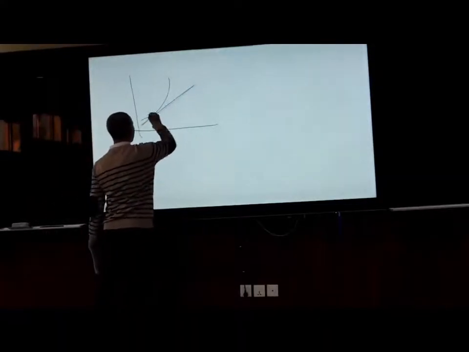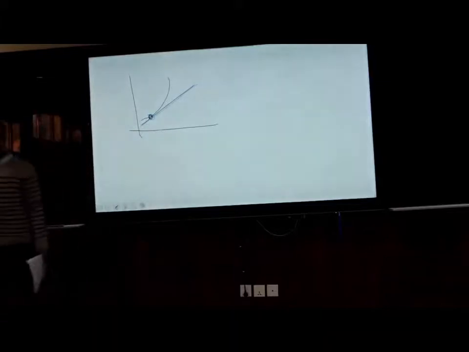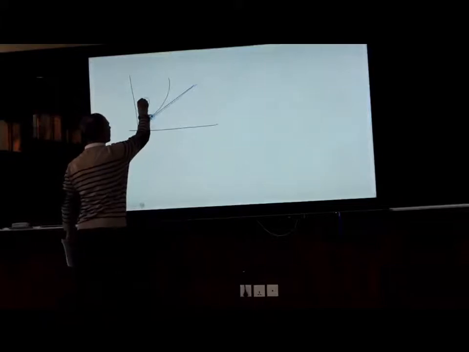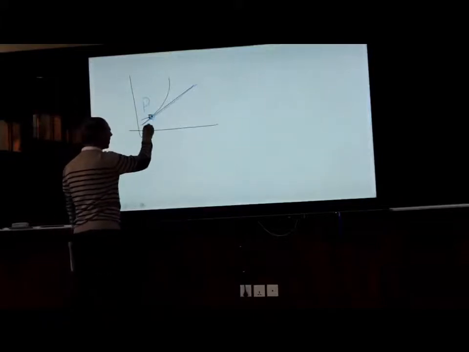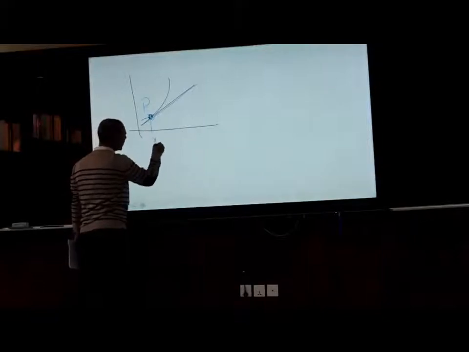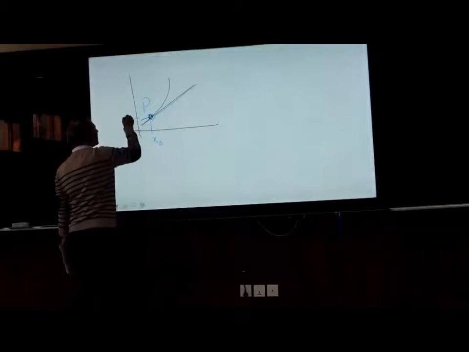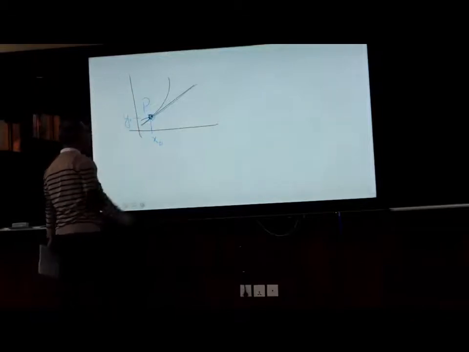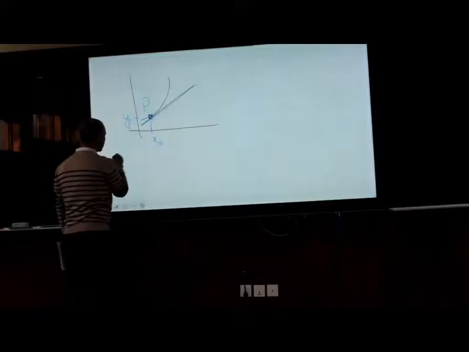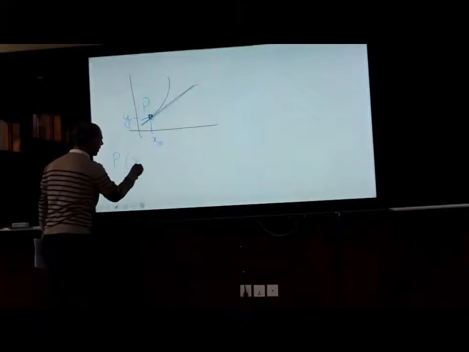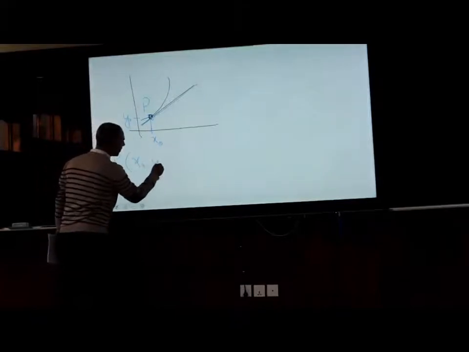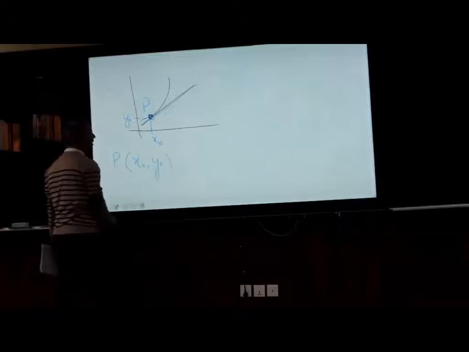So this line touches the curve only at one point, which is representing P, and the fixed point location is x naught, and along the vertical axis it is y naught. So we can say P represents the point x naught, y naught.